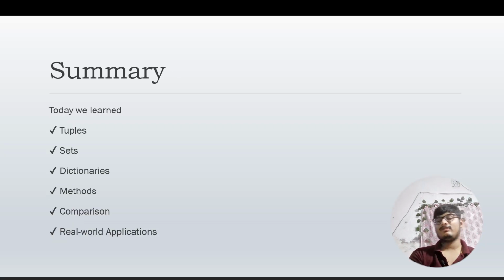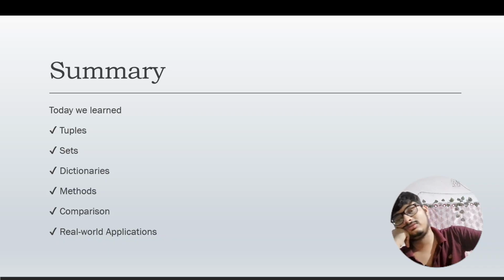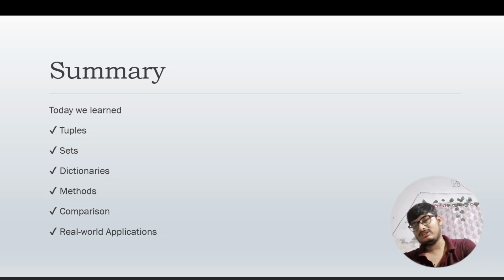And here is the summary of the lecture. We discussed a lot about tuples: what are tuples, how do we use them, why use tuples. Then we discussed sets. A set does not allow duplicates, is not ordered, and is mutable. Then we discussed dictionaries, how we use them, and their applications.